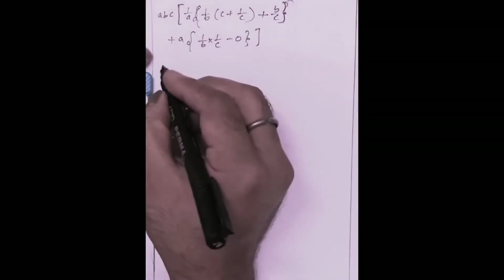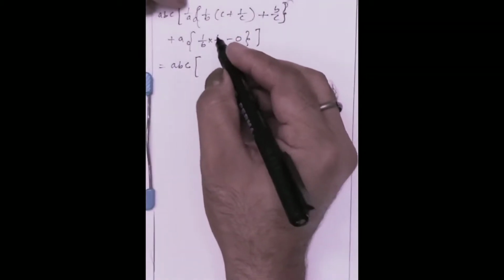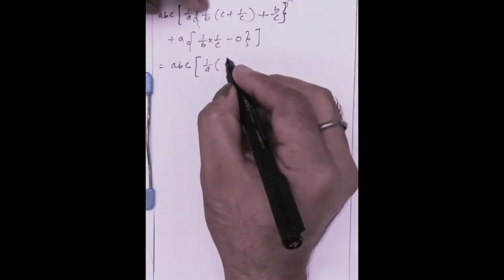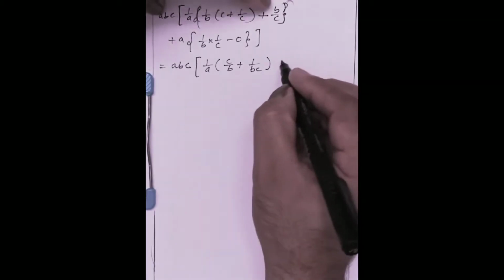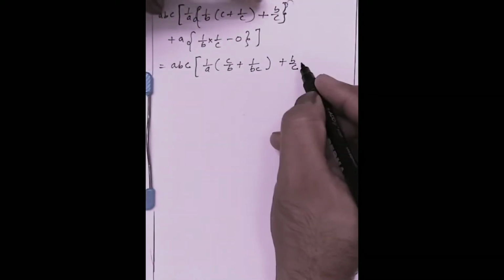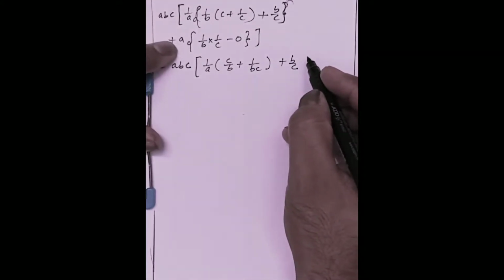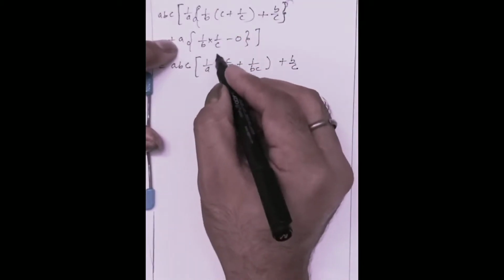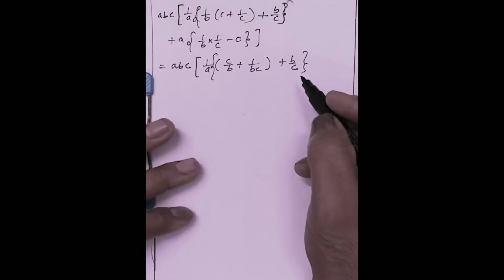So solving it, a, b, c, this 1 upon a into c upon b plus 1 upon bc plus b upon c, so this 1 upon a is outside, so this will remain outside only.